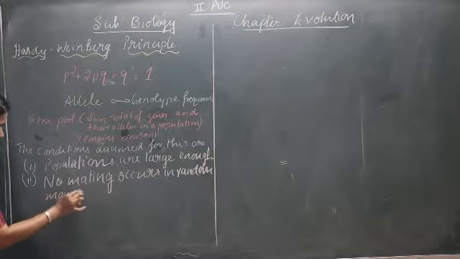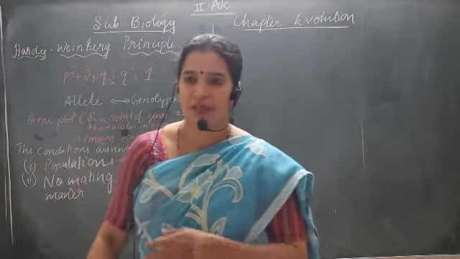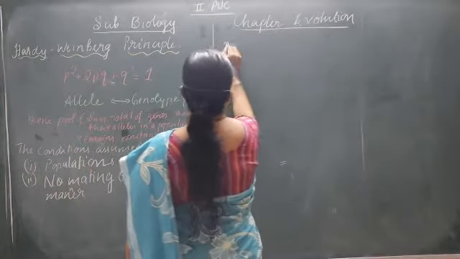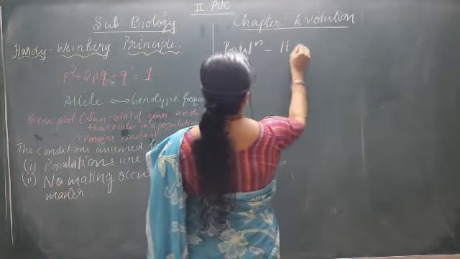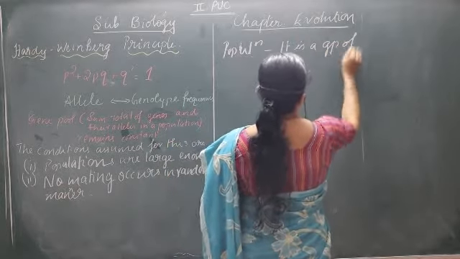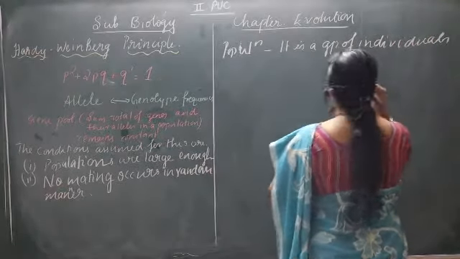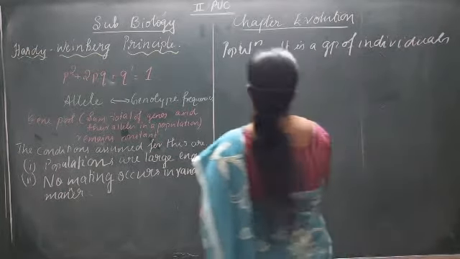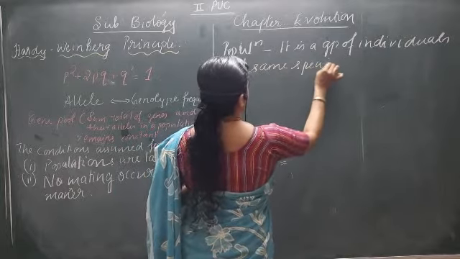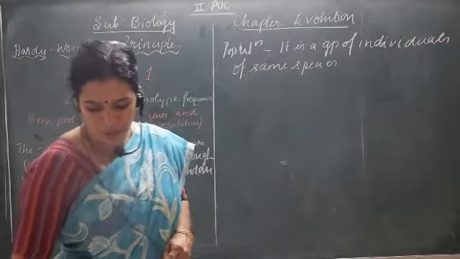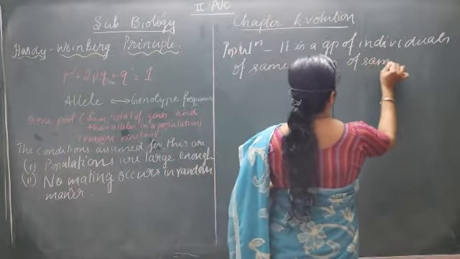Okay, that means in a population. What does population mean? Just take down this population definition once. Population means it is a group of individuals of the same species of the same area at a particular time.